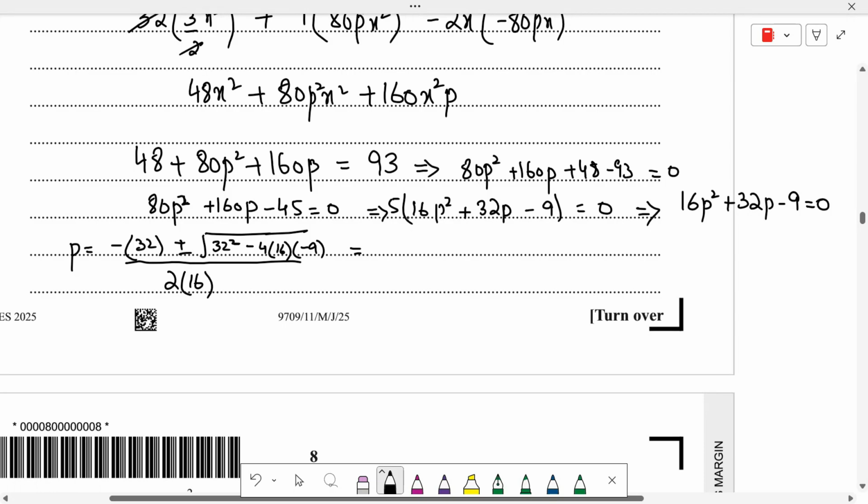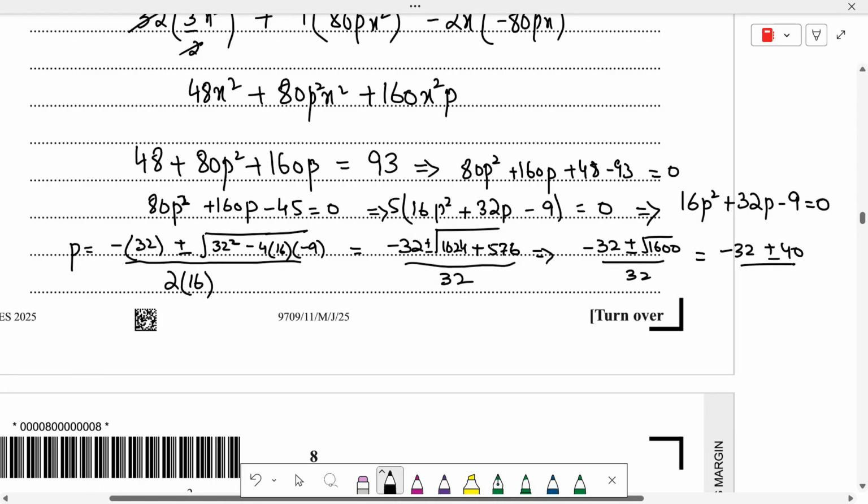Further solving, we have negative 32 plus minus the square root of 32 squared, which is 1024, plus 4 times 16 times 9, which is positive 576, over 32. Further, negative 32 plus minus the square root of 1600 over 32, which is negative 32 plus minus 40 over 32.